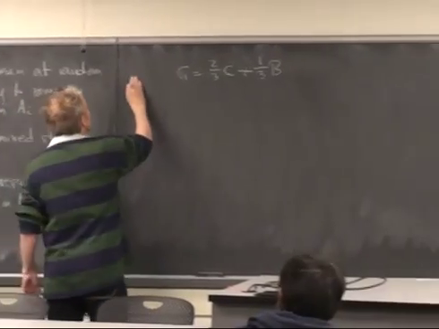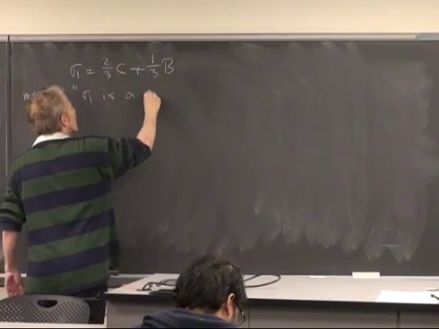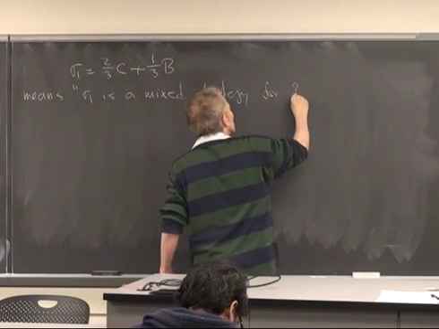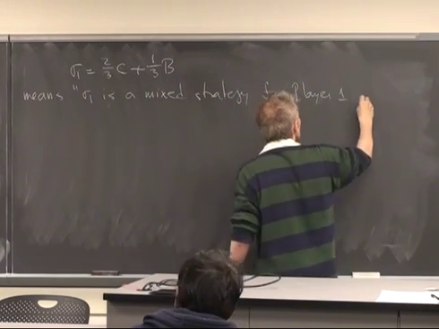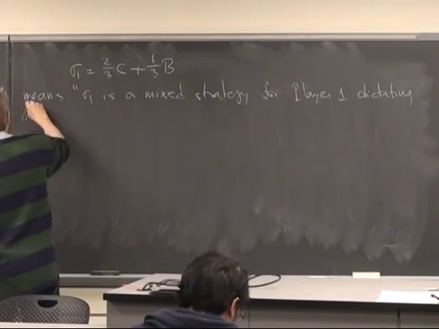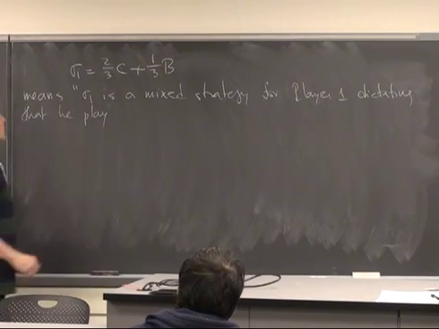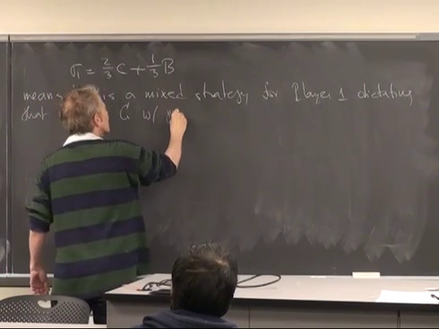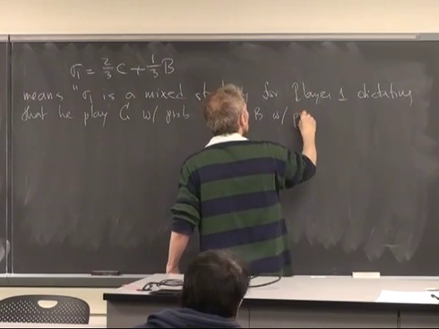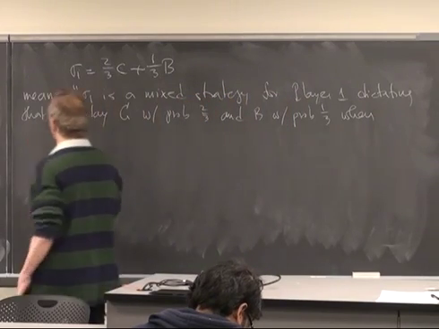This means, quote unquote, sigma 1 is a mixed strategy for player 1, dictating that he play, we have to use the subjunctive here, C with probability 2/3 and B with probability 1/3 when it's time to play.